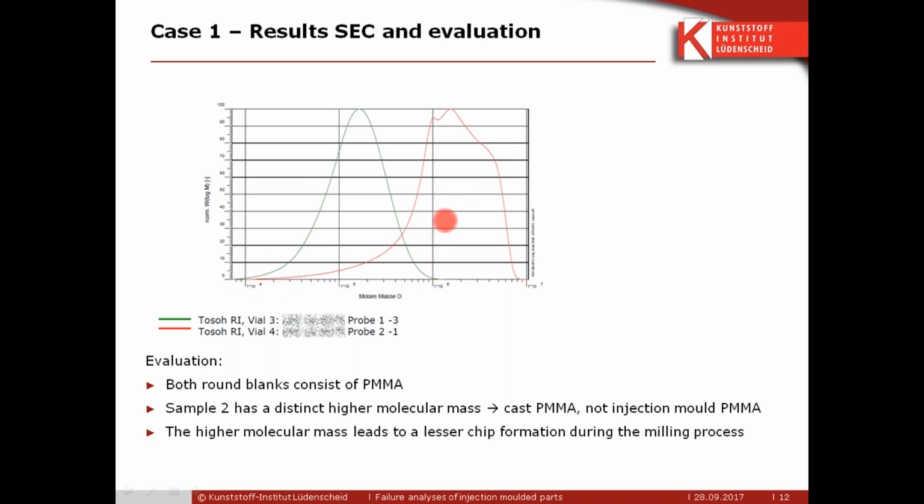And of course, this will have an influence on the mechanical properties too. So it's not possible to say this one will exactly have this tensile strength or something like that. You have to perform mechanical tests if you want to know how big these differences really are.